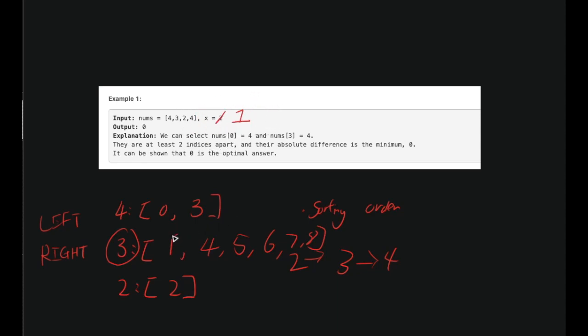So the answer is, if I'm treating this 3 as the left, then I might as well just choose the leftmost one, because there will be something in here or something in here or something in here. If I choose here, then this distance will be shorter. And if I choose here, this distance will be shorter. It's always best to choose the leftmost possible. That's why when I'm assuming 3 is the left of the pair, I'm going to choose the leftmost one.